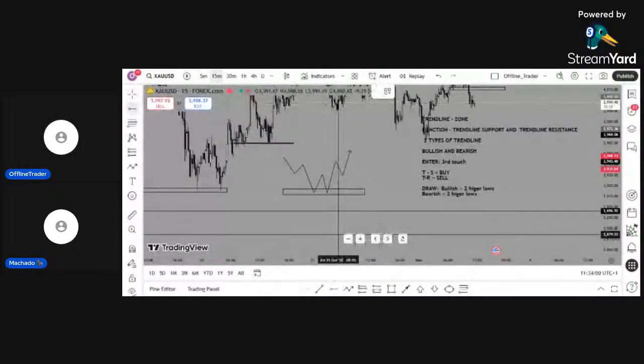What does support do? So basically, in a bullish trend, we are working with the support because support is known for buying.